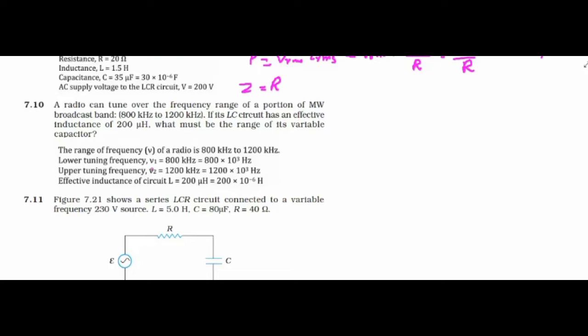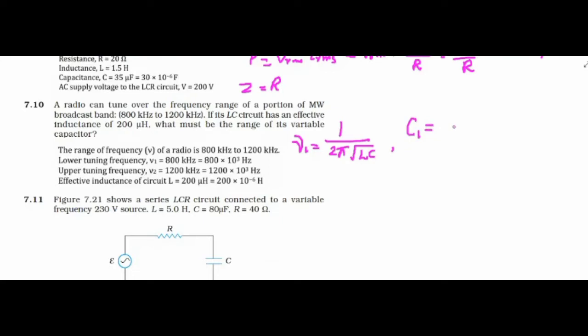So what is the range of capacitance? That is the question. We can calculate it as nu1 is equal to 1 divided by 2 pi under root LC. That is the formula. Now square this formula and find the value of C1.